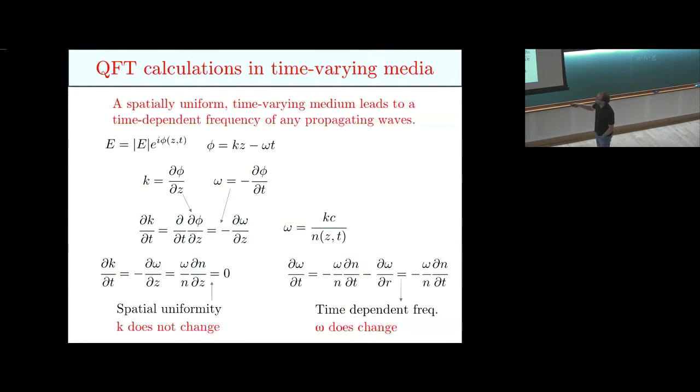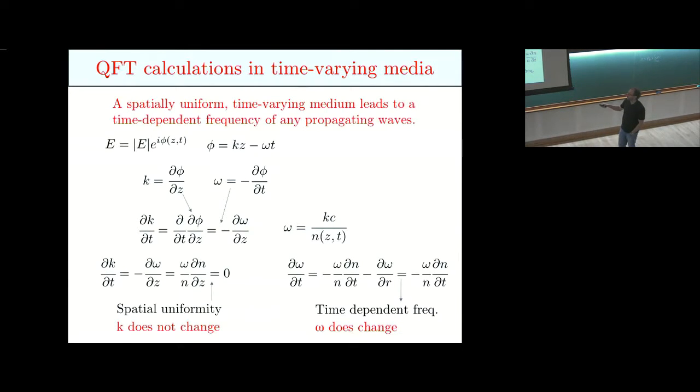Then I use this relation to write it as minus dω/dz. But omega, I know, is kc divided by my refractive index n. If I plug that in and switch the differentials, I end up with ω/n times dn/dz. But I said this was spatially uniform. There's no z dependence, so this is equal to 0. dk/dt is 0, meaning that k is not changing through the time medium.